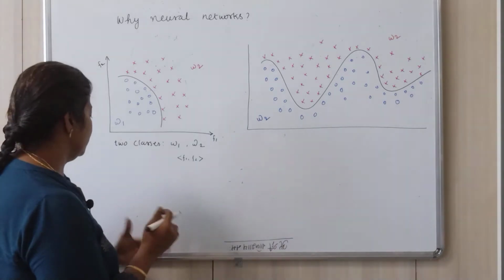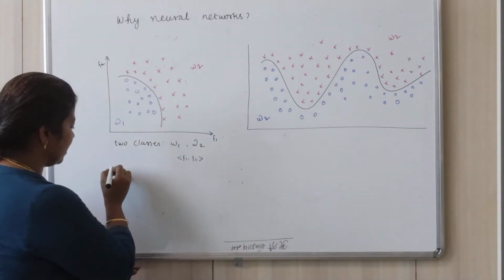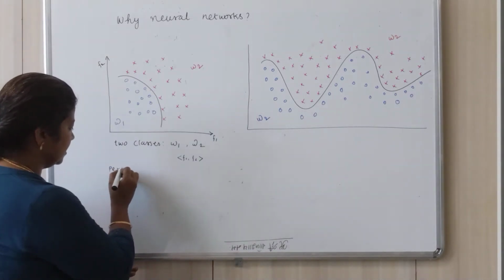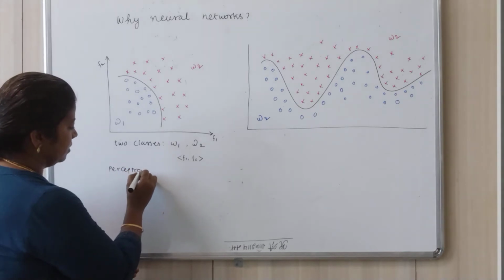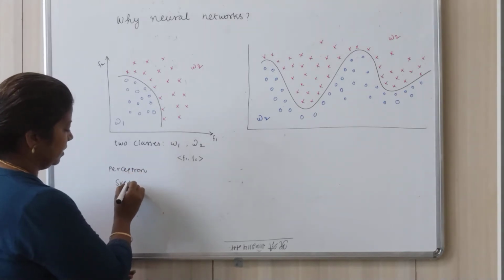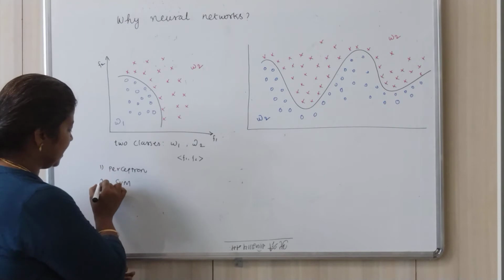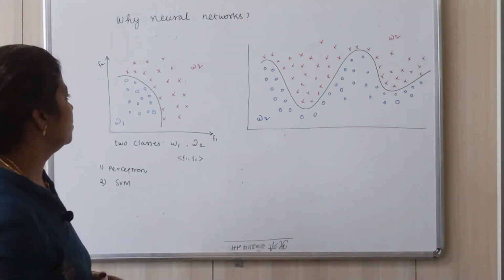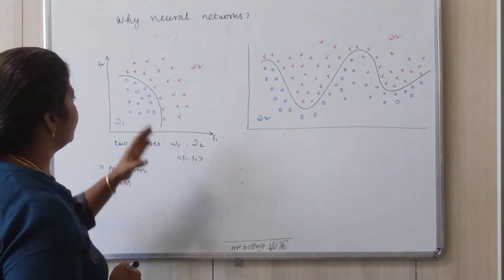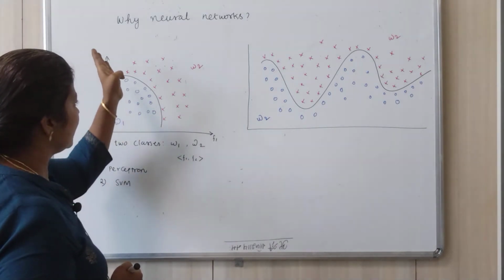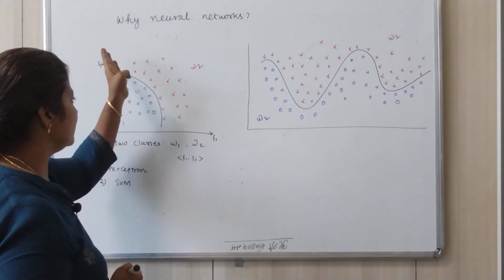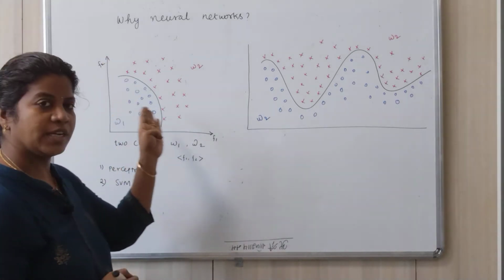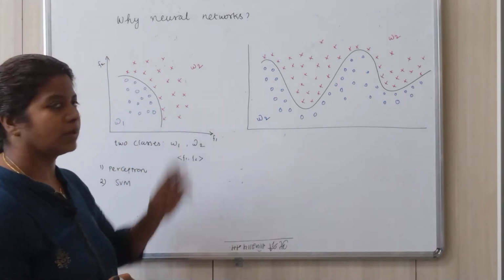The very popular approaches that we have already seen, such as perceptron and SVM, assume that the classes are linearly separable. The classes are linearly separable in the sense that we can have a straight line which is able to separate the given two classes.